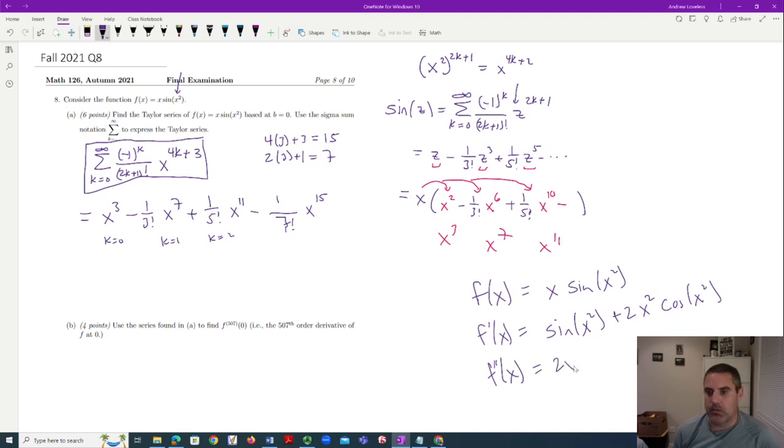So it's going to be 2x cosine of x squared. And then I do the product rule. It's 4x cosine of x squared, and then minus 4x cubed sine of x squared. And you could construct this thing the long way.